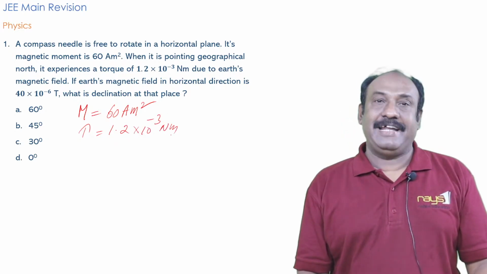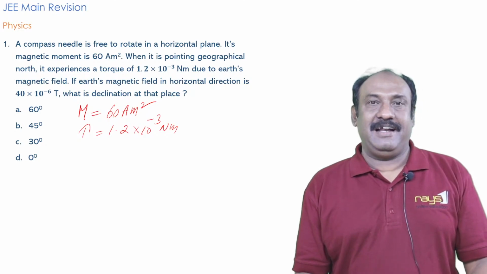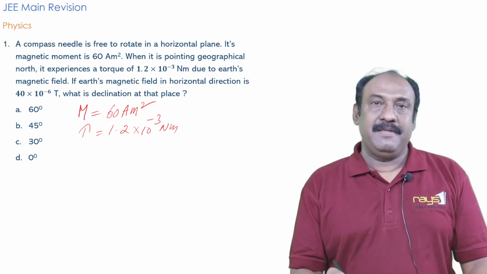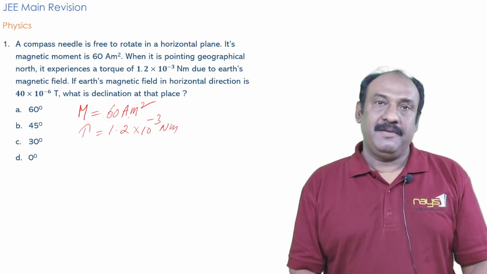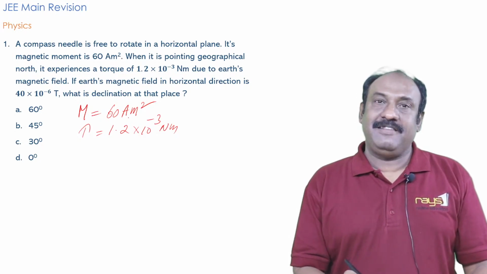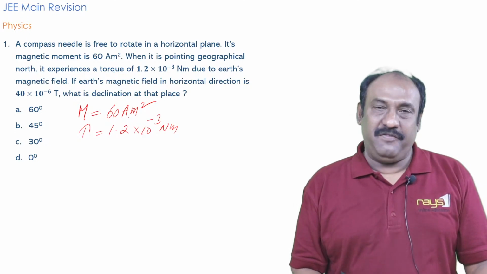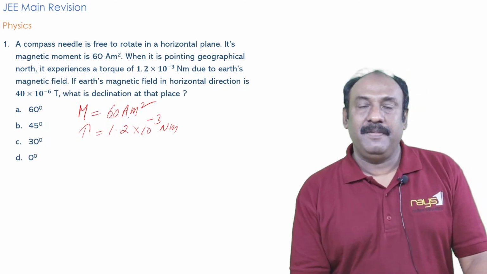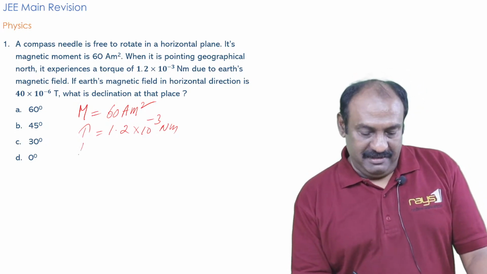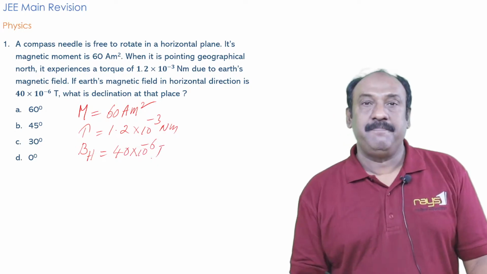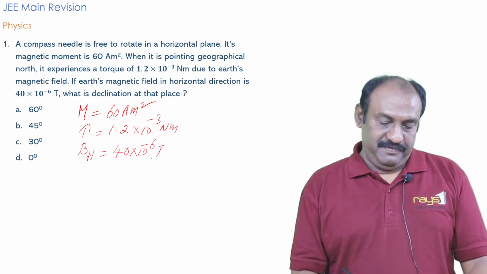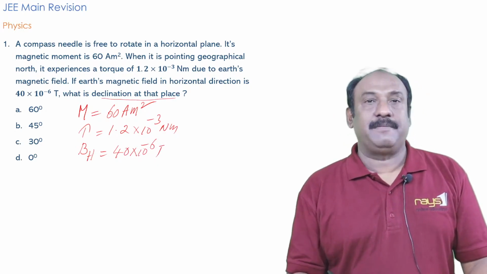Here the compass needle is treated as a bar magnet. It is placed in Earth's magnetic field, whose horizontal component is given as 40 x 10^-6 Tesla. Then what do we want? What is the declination at that place?